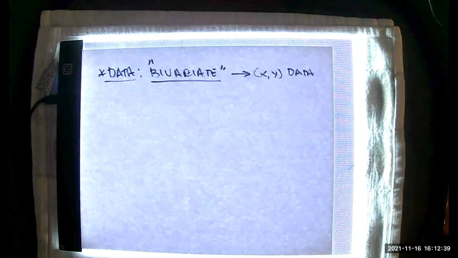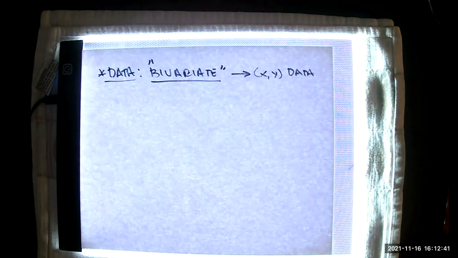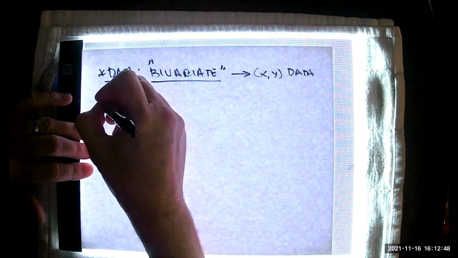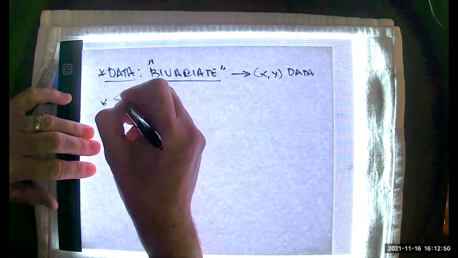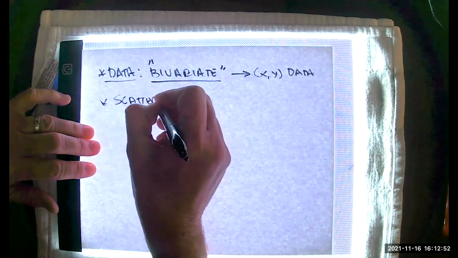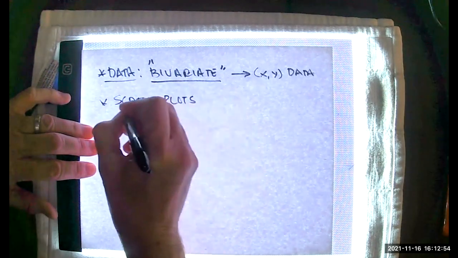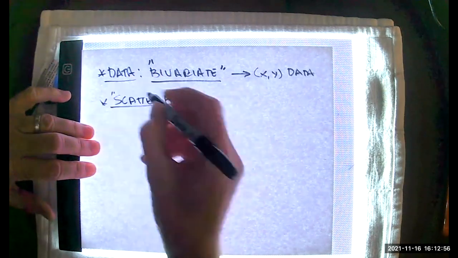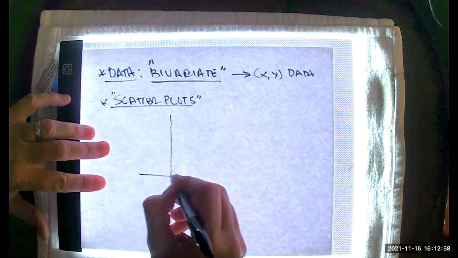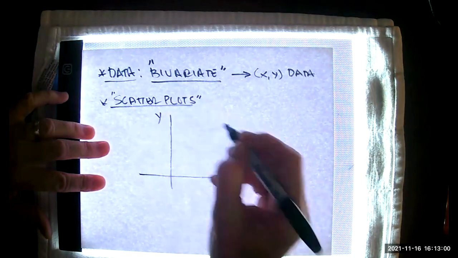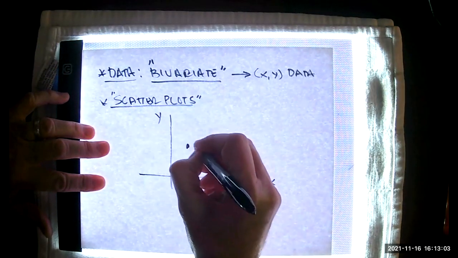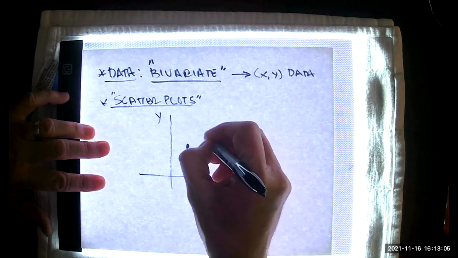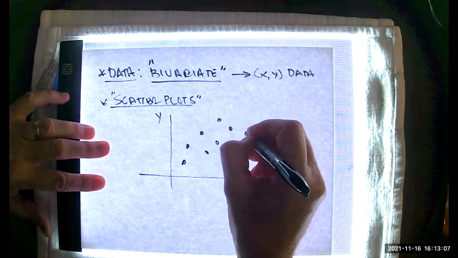Bi because there's two, variate because there's two variables. So bivariate data, literally just X and Y data. And we'll be working with what we call scatter plots. That's where data consists of XY ordered pairs.